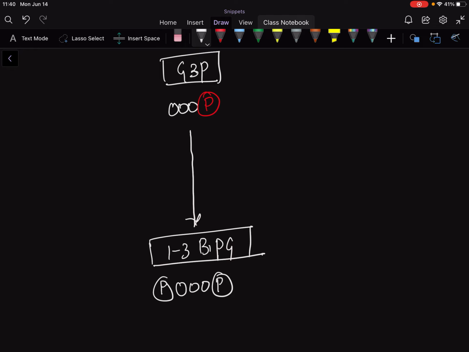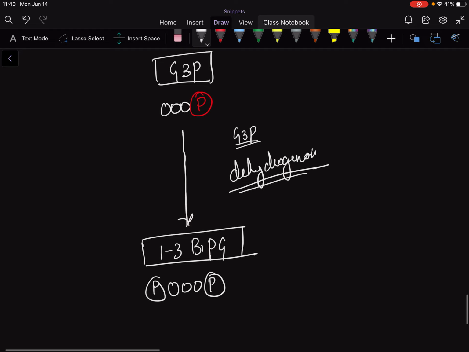So can you call this a kinase? As you already know, whenever kinases do the phosphorylation, right? No, you are wrong here. Actually, the enzyme acting here is glyceraldehyde 3-phosphate dehydrogenase.